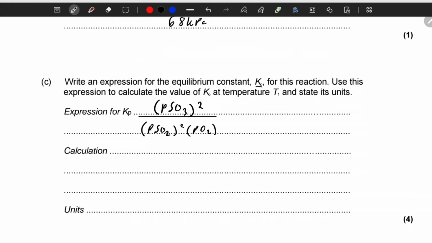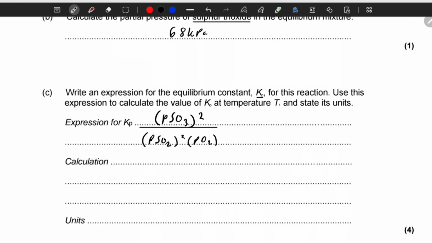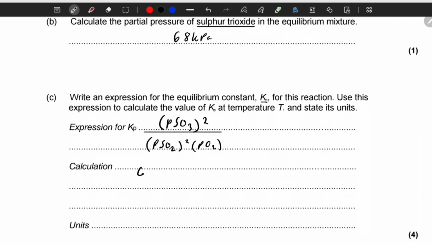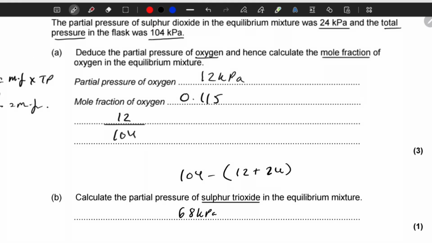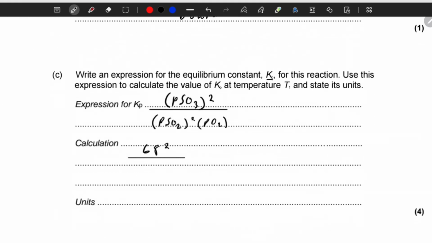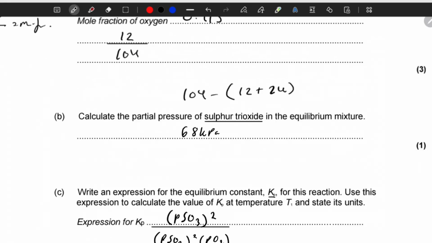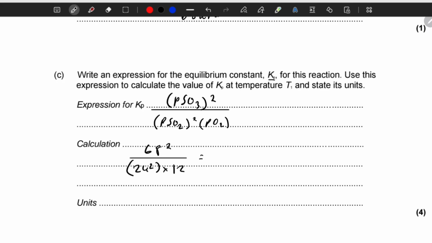Okay, calculation for this. So now we can calculate Kp. We know our sulfur trioxide is 68 kilopascal over 24 squared times by 12. And this gives us 0.66898 whatever.